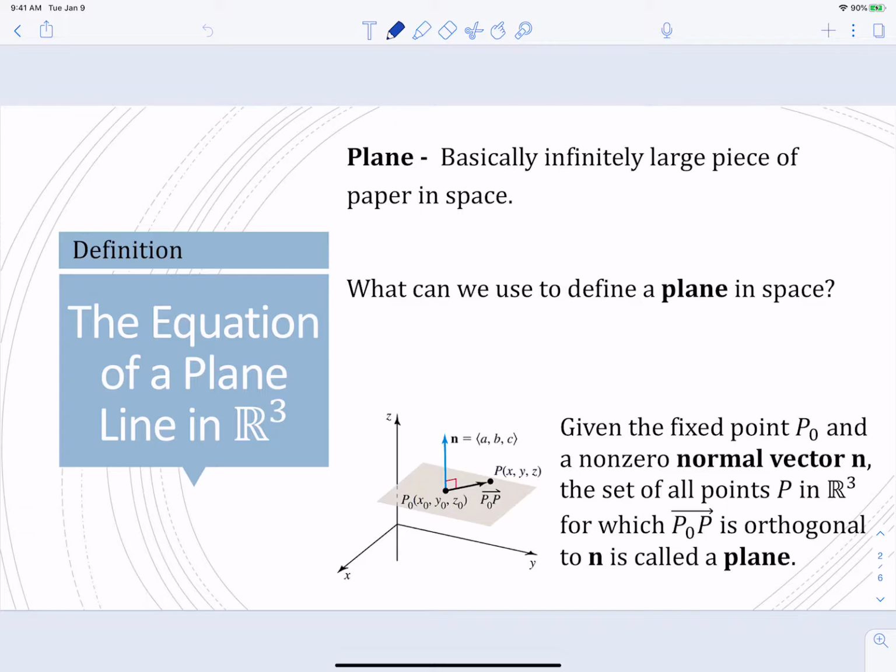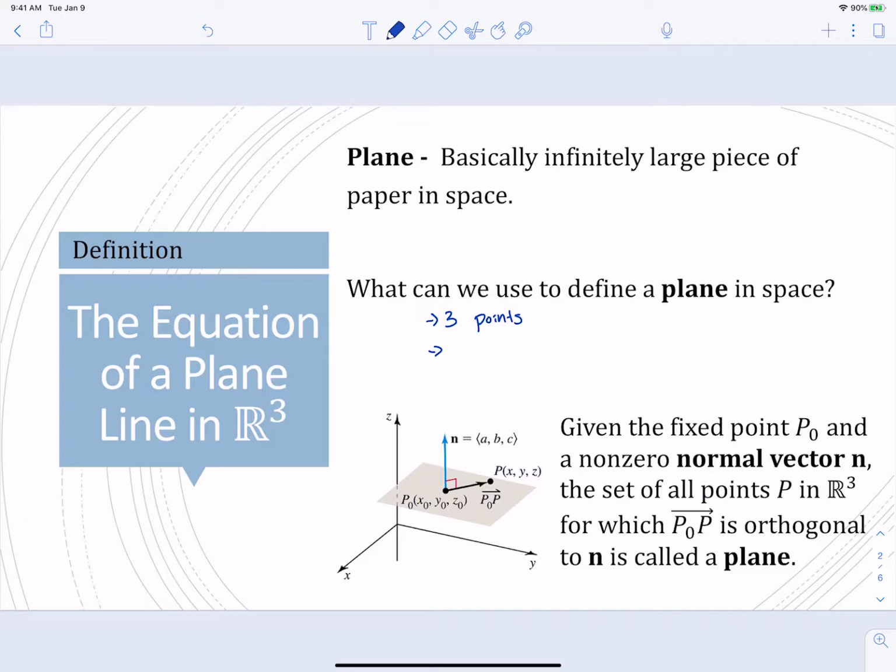Down below is a picture from our textbook, which I think is a really nice simple picture to talk about what we're going to do. There's a plane. So we need to think about what it is that we need to be able to define a plane in space. The geometry definition is that we need 3 points. If you've got 3 points sitting in space, that defines a plane.